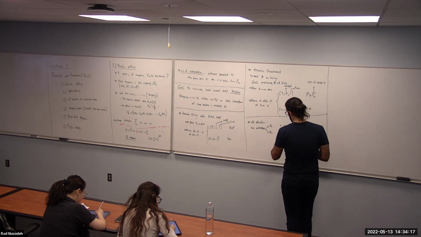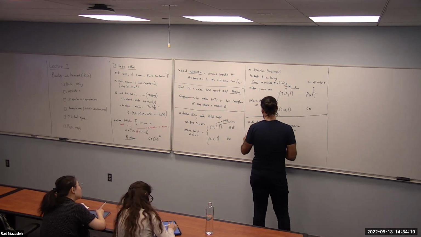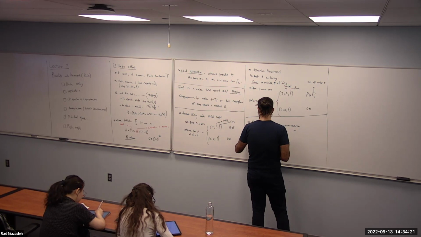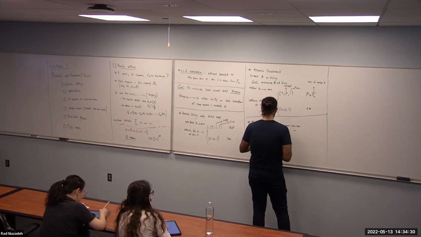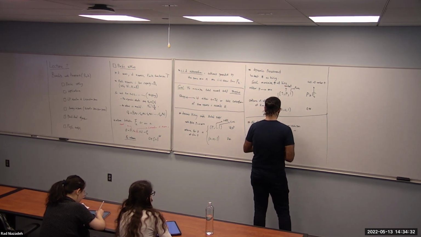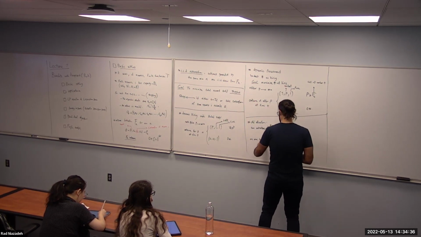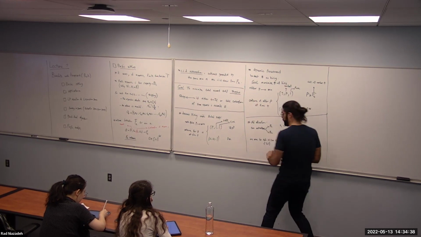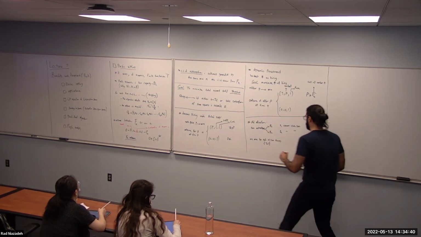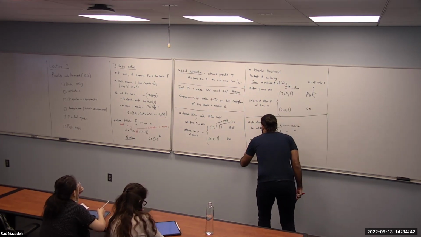So you have essentially an arm for each of the two choices, one and two.